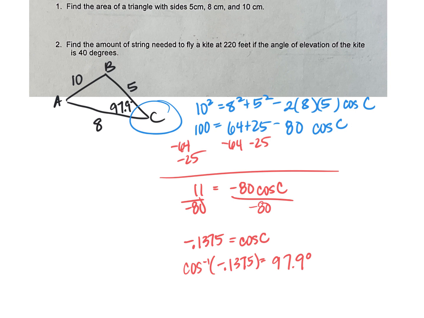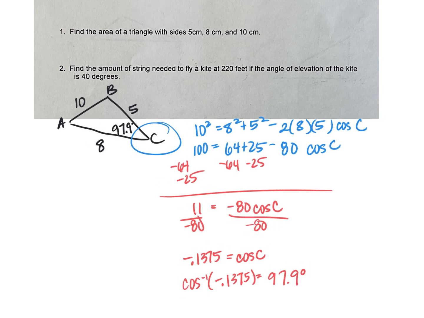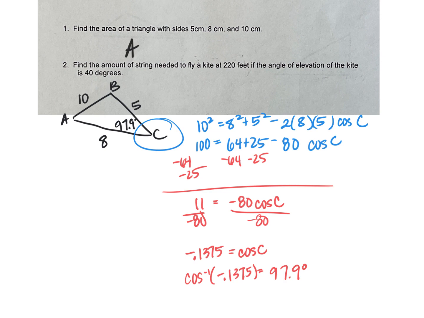How do I find the area now? Side times side. So we're going to do 5 times 8, 8 times 5, doesn't matter, times the sine of my angle, which is 97.9, all over 2. That one took a lot of time.